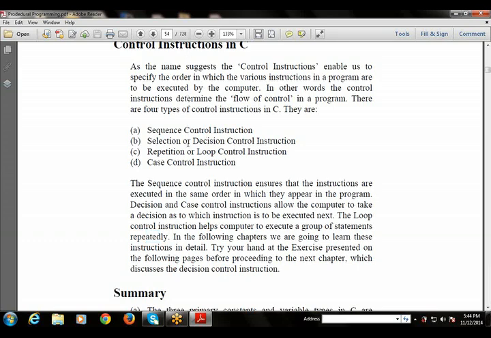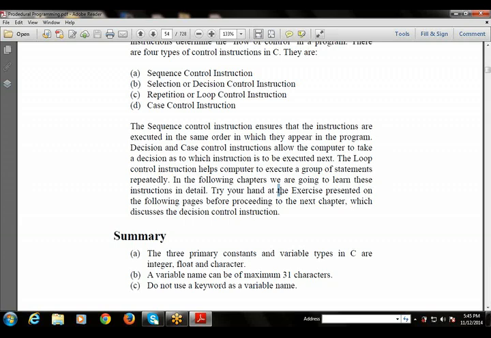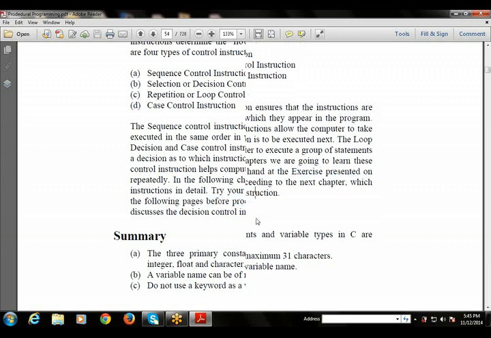So sequence maintains the sequence, decision is used for making decisions, and repetition or loop is used for repetition, that is, if a variable or part of the program is used in a repetitive way. In the following chapter, we are going to learn these instructions in detail. Try your hand at the exercises presented on the following pages before proceeding to the next chapter.